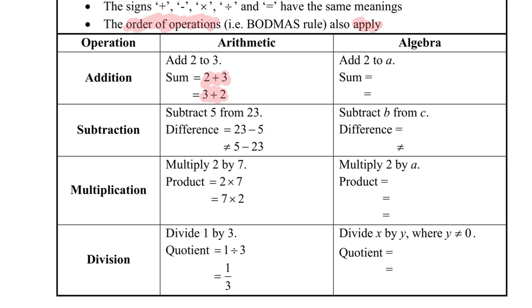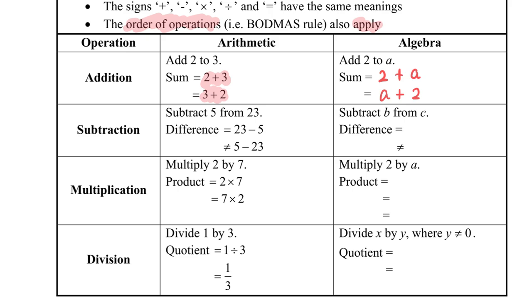So we apply this to algebra now. Add 2 to a. We could then write this as 2 plus a or a plus 2. Both are equivalent, meaning both are equal to each other. So the rules apply similarly for arithmetic and algebra.